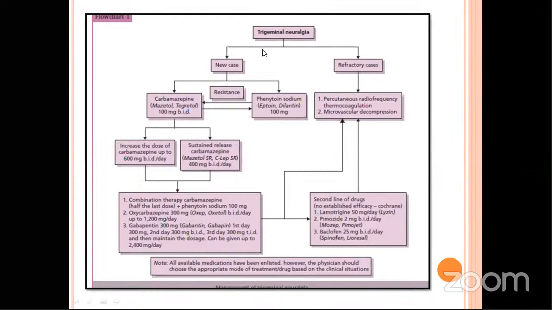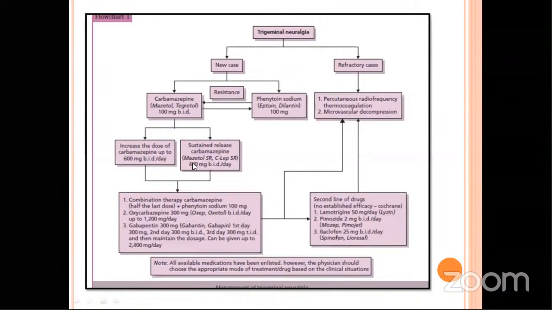So if the patient is diagnosed with neuralgic pain, initially they'll start with carbamazepine, that is Tegretol, 100 mg twice daily. And if the patient is resistant to Tegretol, then the alternative drug, phenytoin sodium, is given. Okay. And over a period of time, if the patient doesn't respond to this, then we can increase the dose up to 600 milligram per day.